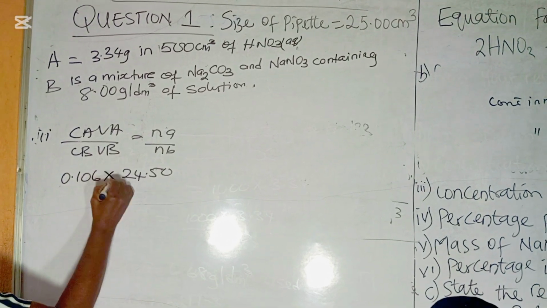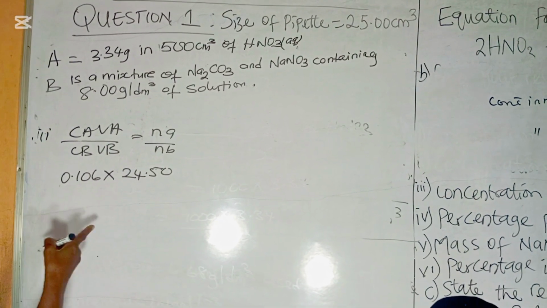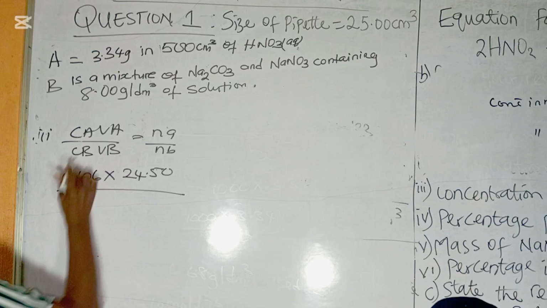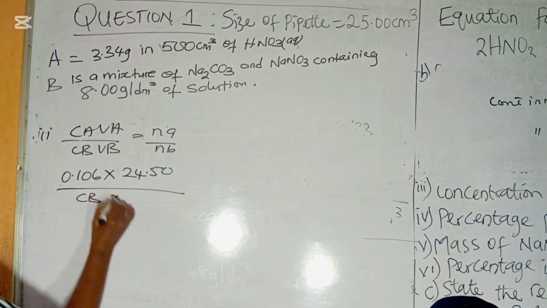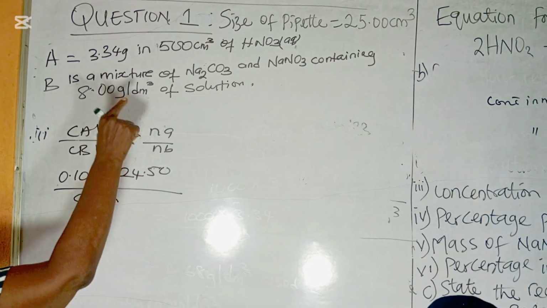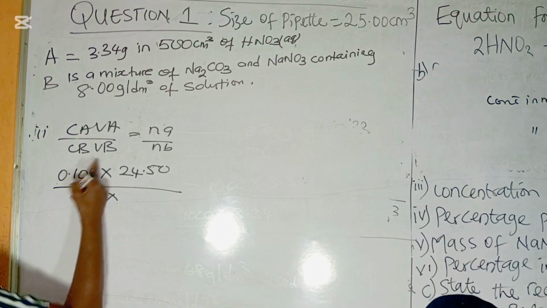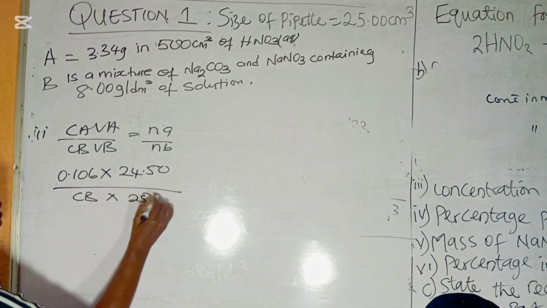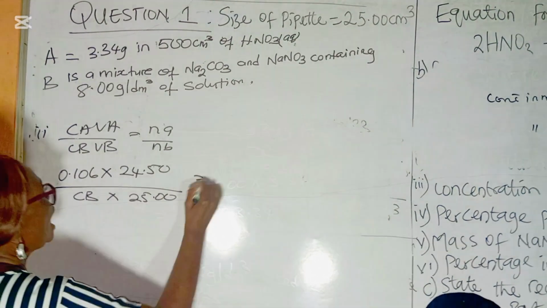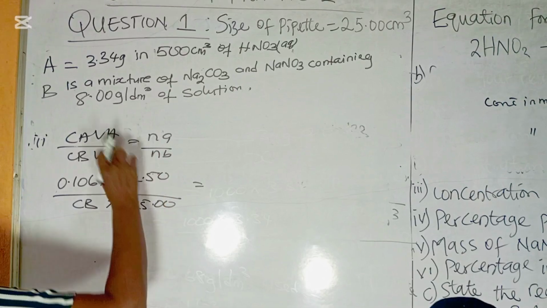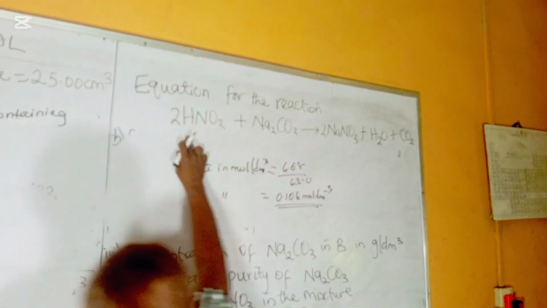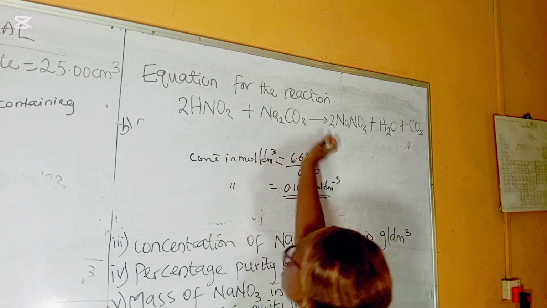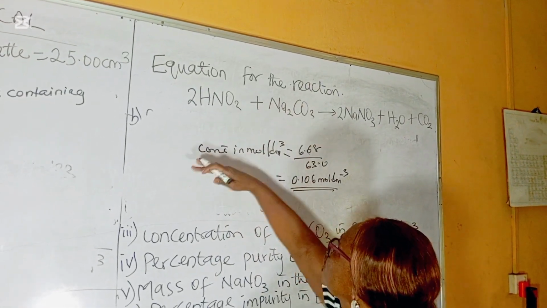Make sure you write the correct value. If not, it's a wrong substitution. Then for your CB, what you are looking for, then VB, remember you told them that you use 25.00. So make sure you put 25.00. How do you get your Na and Nb? You get it from the balance equation. Please, this is the acid, while this is the what? Base. Most times they can interchange it. They will write the base before the acid.